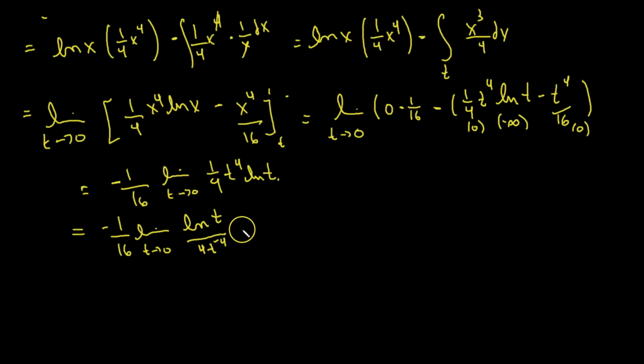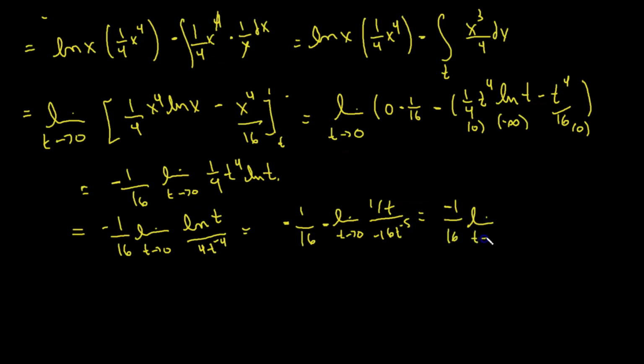Now if we apply L'Hopital's rule, we derive the numerator, 1 over t, and derive the denominator, negative 16 t to the negative 5. Can we conclude anything from this yet? No, because we have 1 over 0 in the numerator and 0 in the denominator. So we can apply it one more time, taking the derivative of the numerator and denominator. There's a minus sign here.